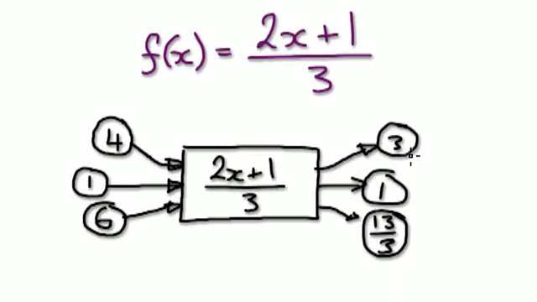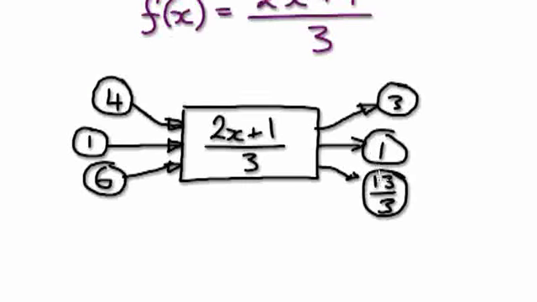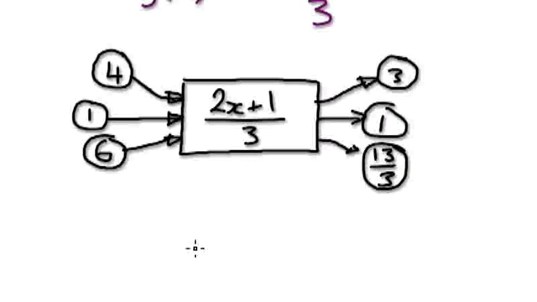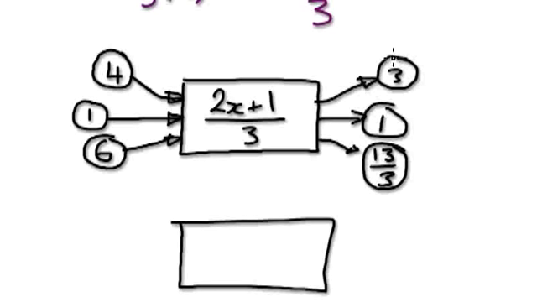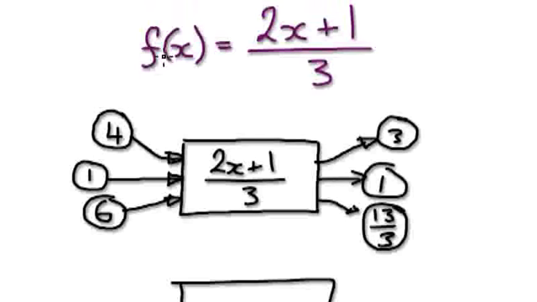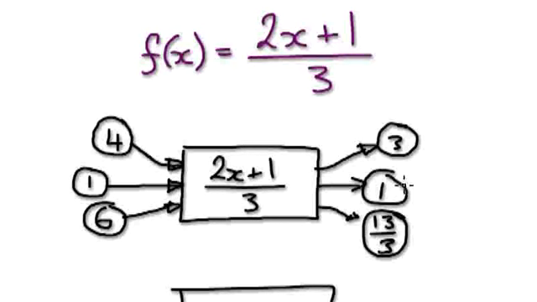Now, the inverse of a function is you trying to invent a similar machine where if you put in this number, it will spit out the number 4. It's basically you working backwards, working in reverse.